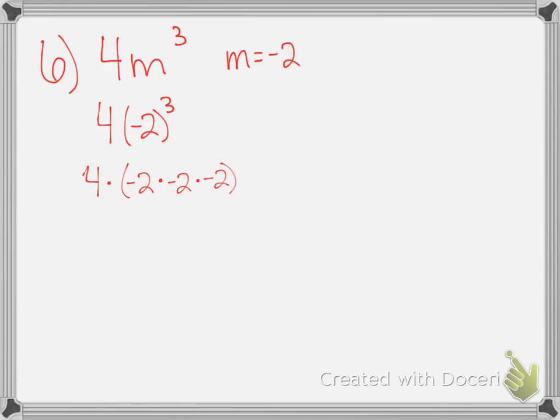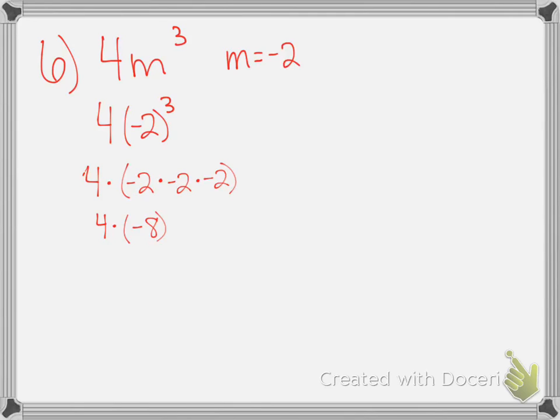When we cube negative 2, what do we get? 8. No. I almost agree with you. Negative times a negative times a negative comes out negative. 2 times 2 times 2 is 8.